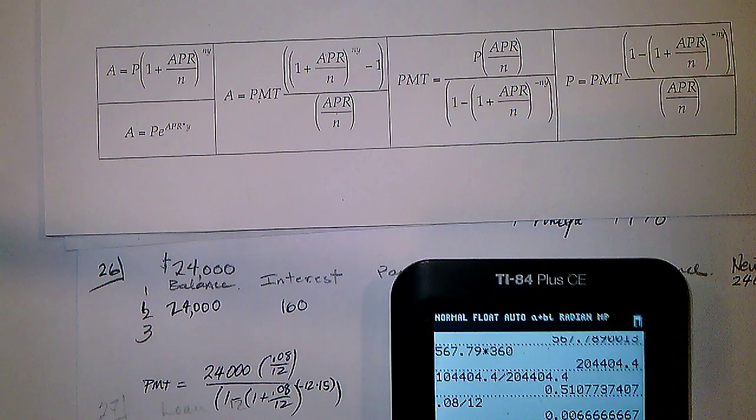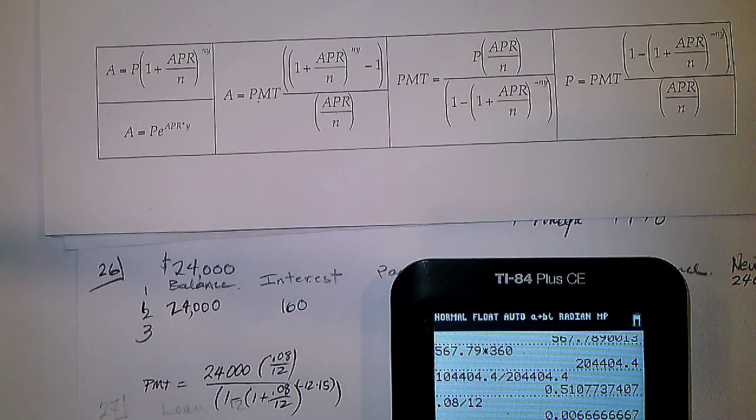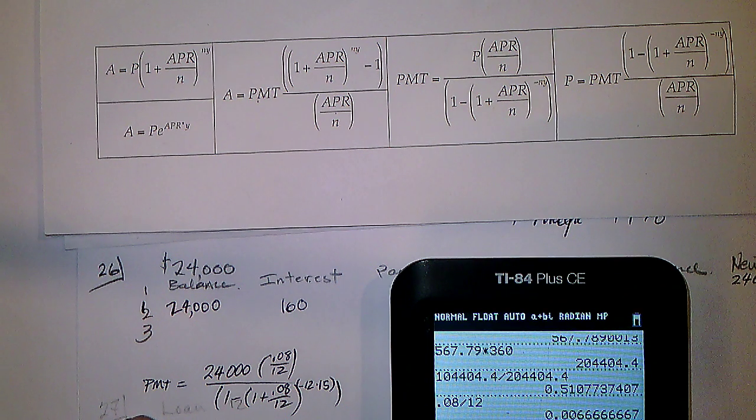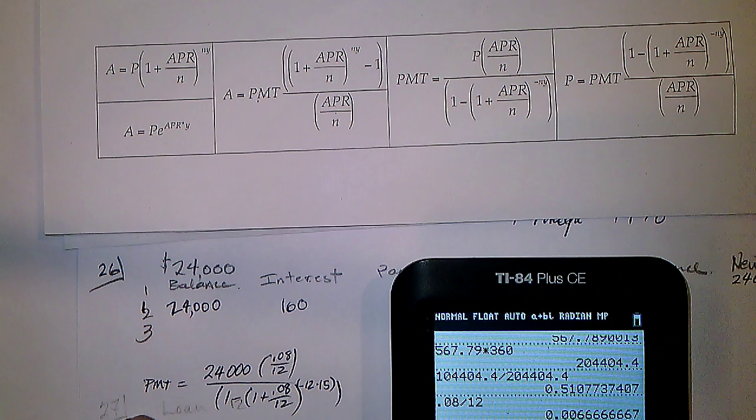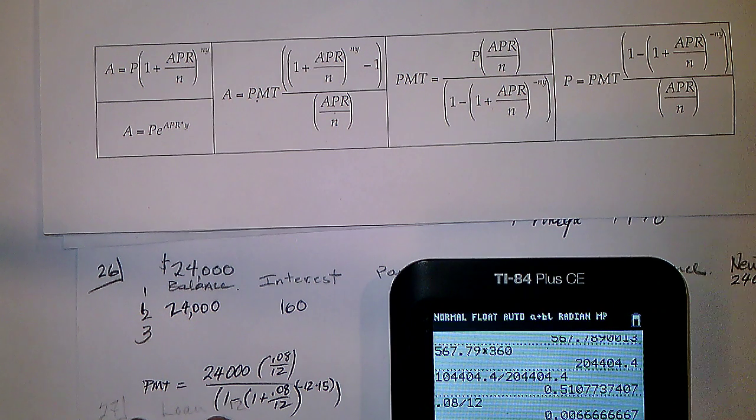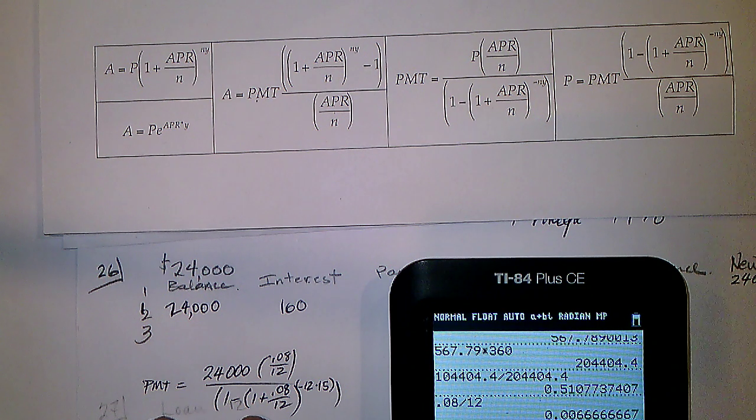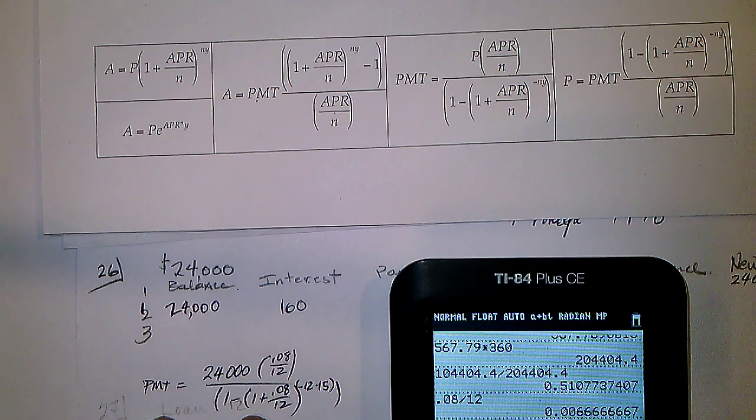So that payment works out to be 24,000 times 0.08 divided by 12, close parenthesis, divided by the denominator, parenthesis 1 minus parenthesis 1 plus 0.08 divided by 12, close parenthesis, to the parenthesis, negative 12 times 15, close parenthesis, close parenthesis.